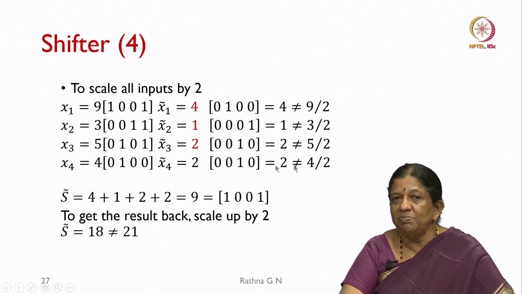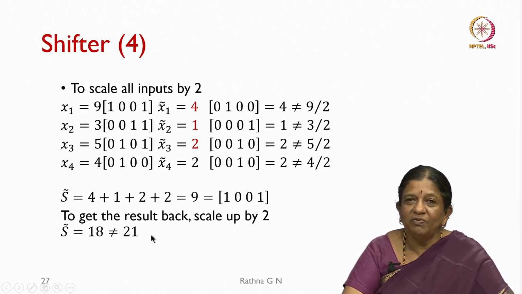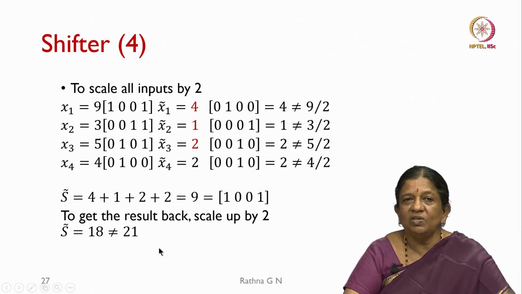If they are divisible by 2, we will get back the number; otherwise we will have an approximation. Then we see the summation when I add these numbers, which is going to be 9. To get back the result we have to scale up by 2, which is going to be 18, which is not equivalent to 21. So, these are the errors one has to consider.